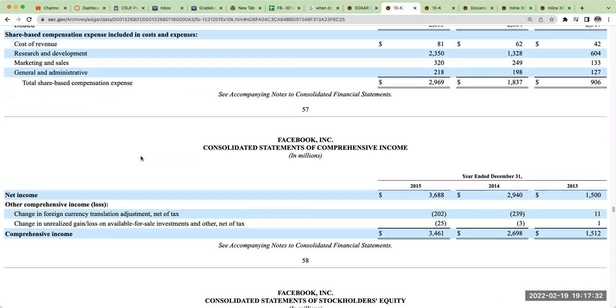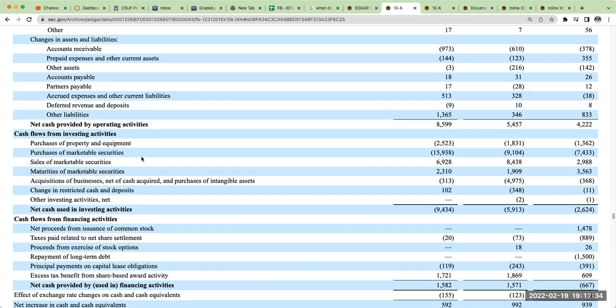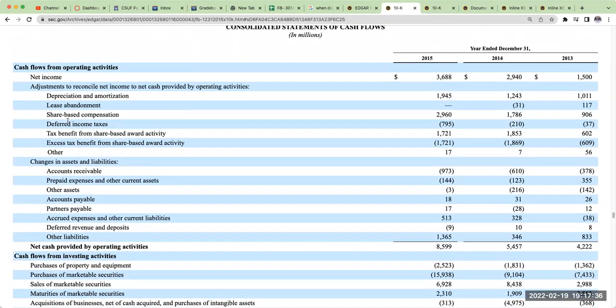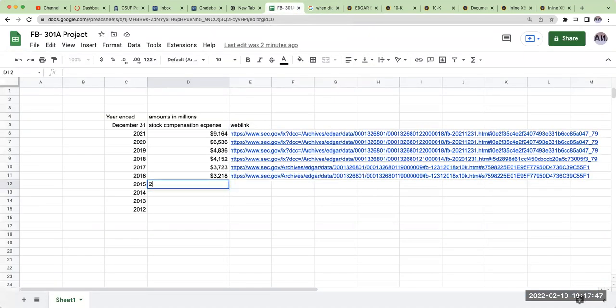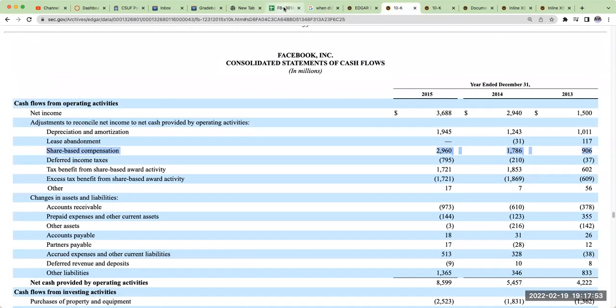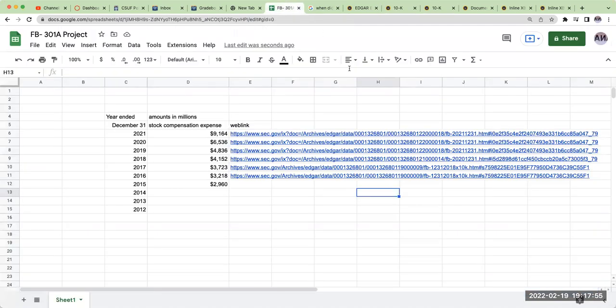We're now going to come down to our share-based compensation, and we still see this being broken out. Now we're getting a better sense. In 2015, this is going to be 2960. In 2014, this is going to be 1.786 billion.